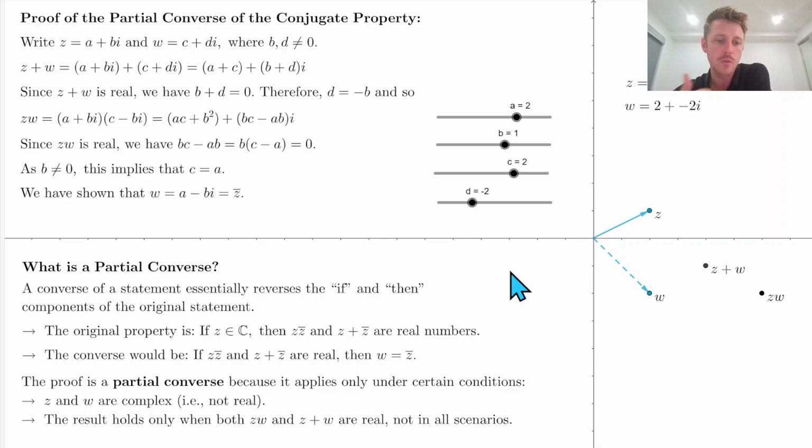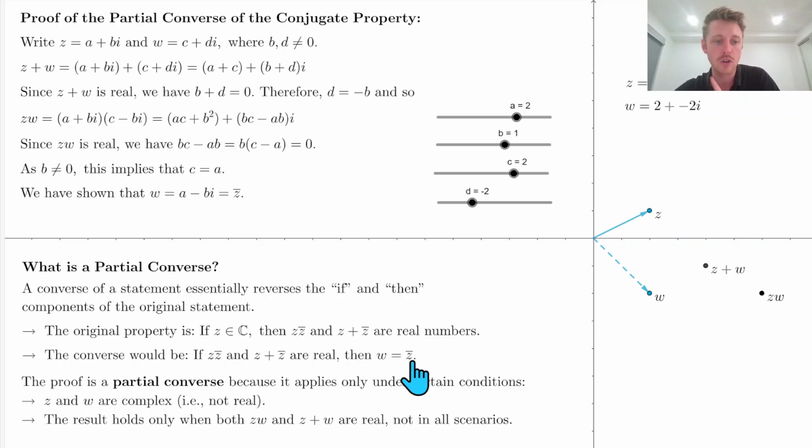Our original property is that we've got some complex number z, and we know that z multiplied by z bar and z plus z bar are real numbers from what we've spoken about in the other properties. The converse of that statement would be that z multiplied by z bar and z plus z bar are real. So if they are real, then w is the complex conjugate of z.